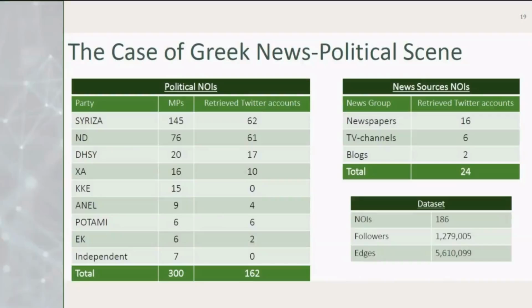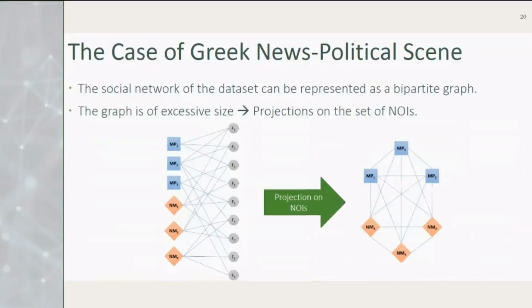The news groups were 16 newspapers, 6 TV channels, and 2 blogs. So the total breakdown of the dataset contained 186 nodes of interest, their followers, which were more than 1 million, and the relationships of their followers to the nodes, which were greater than 5.5 million.